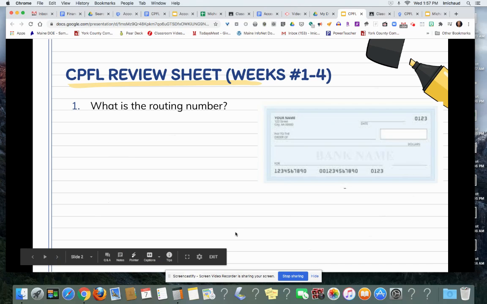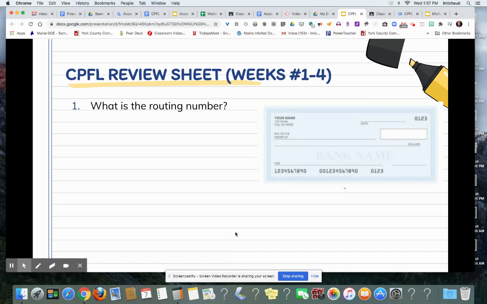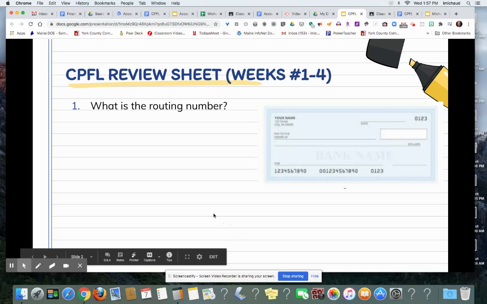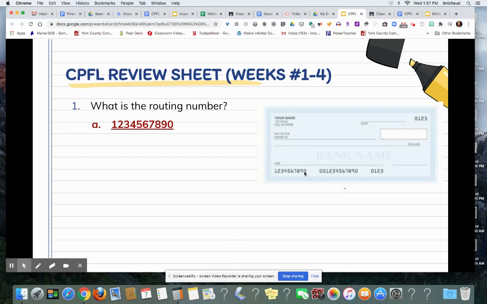Question number 1. On this check you see to the right, what is the routing number? And that is the first set of numbers on the bottom of the check. So it's 1, 2, 3, 4, 5, 6, 7, 8, 9, 0. Number 2, what is the account number?